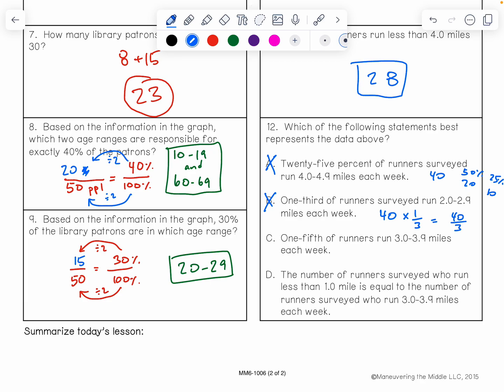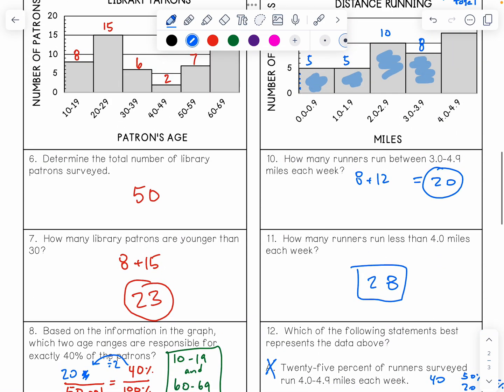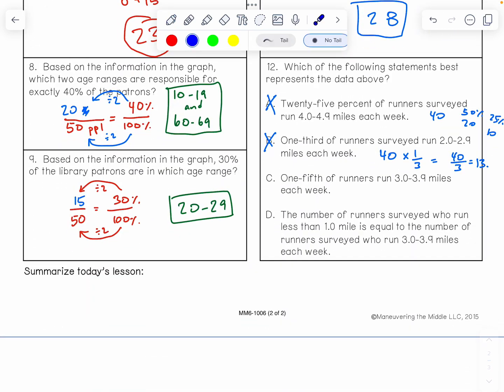You're going to end up with a decimal, about 13 point something, 13.3333, I believe. But that interval 2 to 2.9 is 10, not 13.3, not even 13.